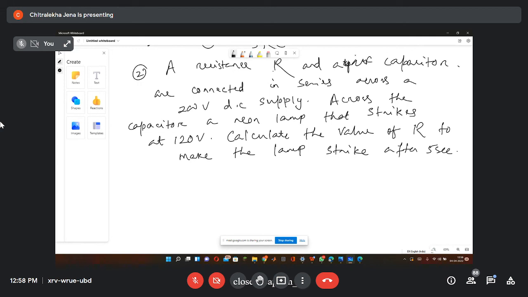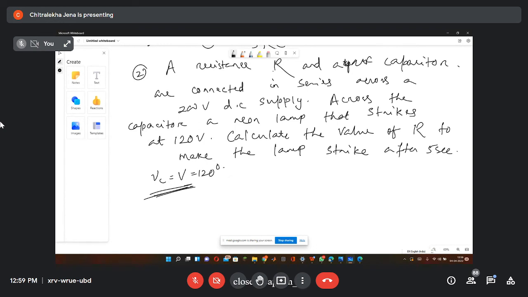What is the equation? Tell me first. That means when VC is equal to V, look here, simple equation. All of you listen. When VC is equal to V, that will be equal to how much? 120 volt.